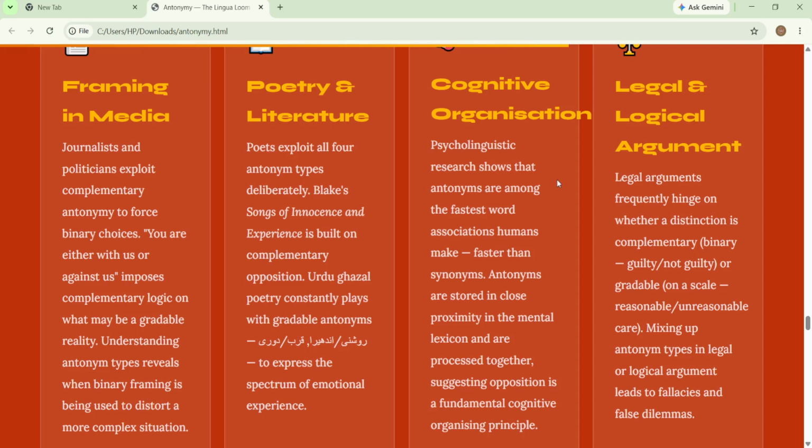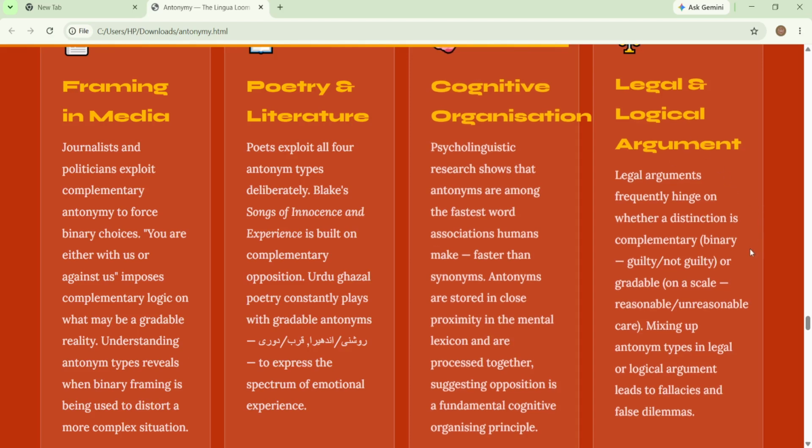Psycholinguistic research shows that antonyms are among the fastest word associations humans make, faster than synonyms. Antonyms are stored in close proximity in the mental lexicon and are processed together, suggesting opposition is a fundamental cognitive organizing principle. So this is the importance in psycholinguistics.